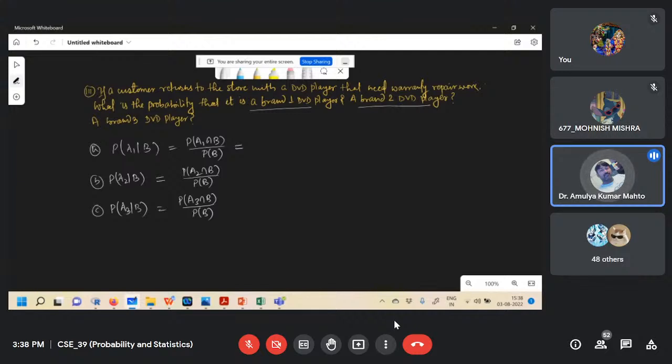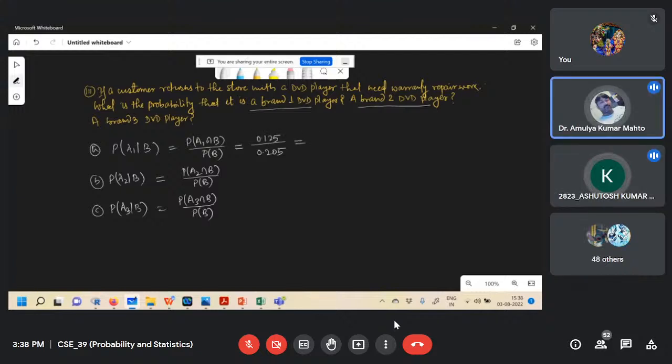So what is the P(B) value? 0.205. We have already calculated that in the previous one. So this is 0.205. And what is this value that we have also calculated? 0.125.